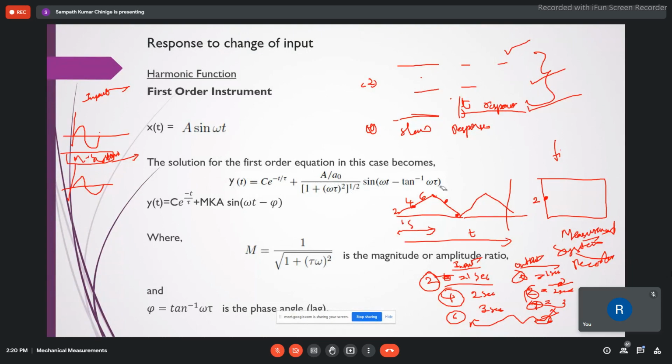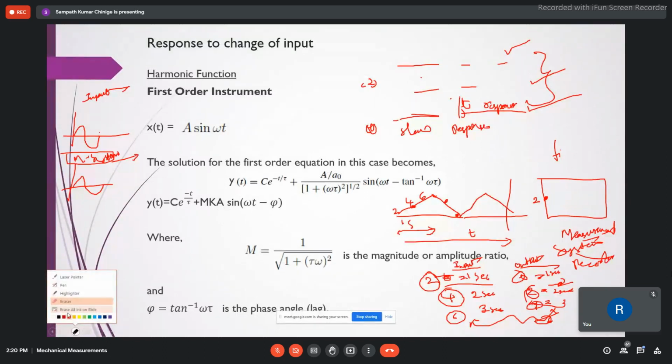Okay, so from this, I try to make it very simplified, where M is nothing but 1 by (1 + (omega tau)^2) whole power 1 by 2. K is 1 by a naught, the static sensitivity, and A is the amplitude.